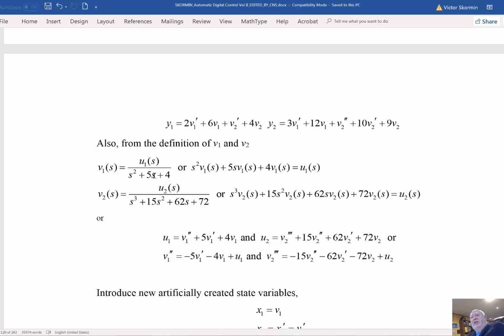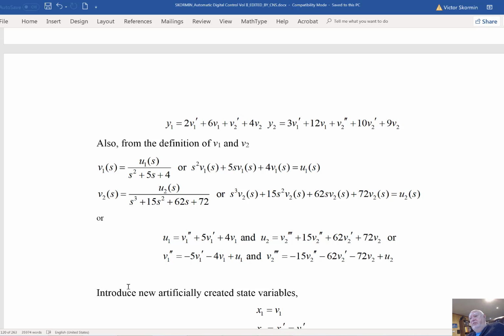So what I am doing now is this multiplication, and look what I have. I have s squared times v1 plus 5s times v1 plus 4 times v1, and it's equal to u1. And the same you have here. s cubed times v2 plus 15s squared times v2 and so on is equal to u2.